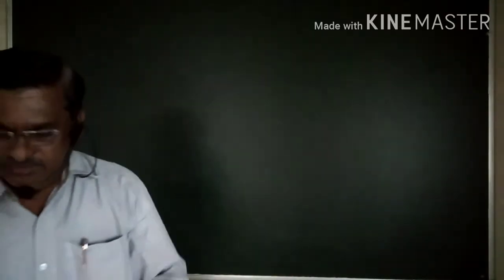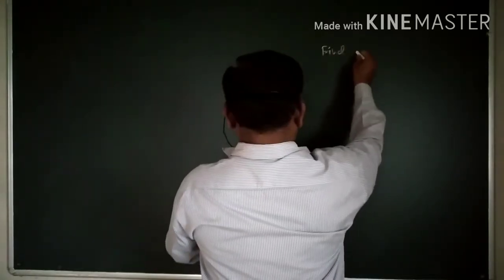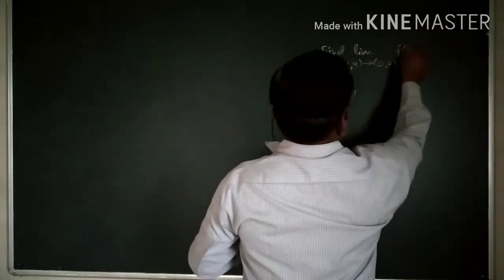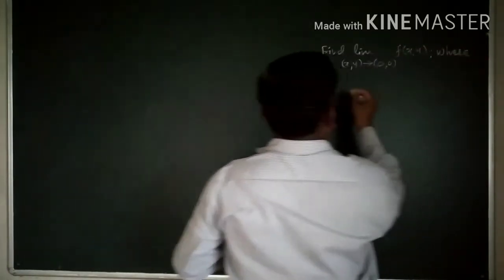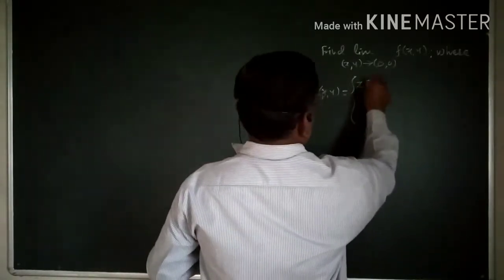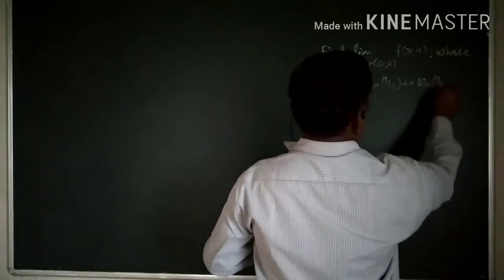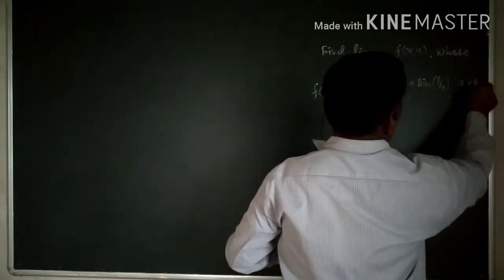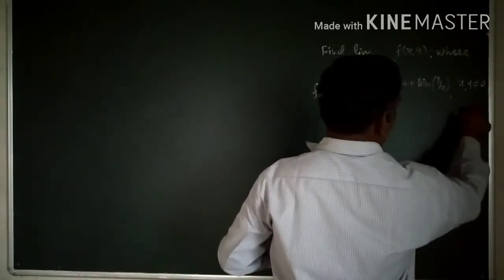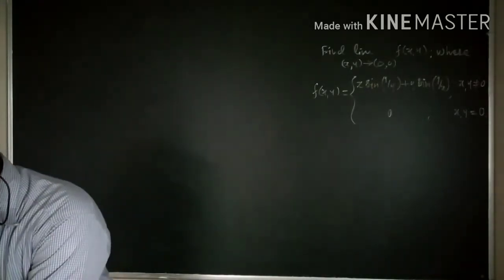Find the limit as (x, y) tends to (0, 0) of f of x, y, where f of x, y is equal to x into sine of 1 upon y plus y into sine of 1 upon x, if both x and y are not 0, and this is equal to 0 if both x and y are 0. This is the example given to us.